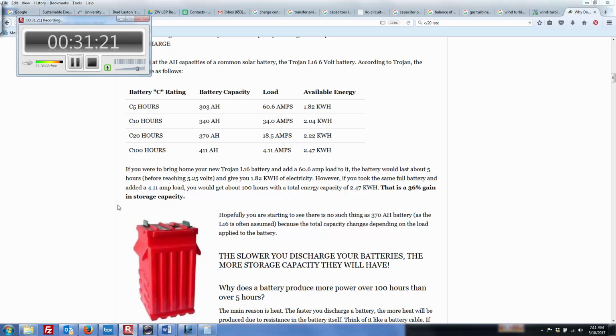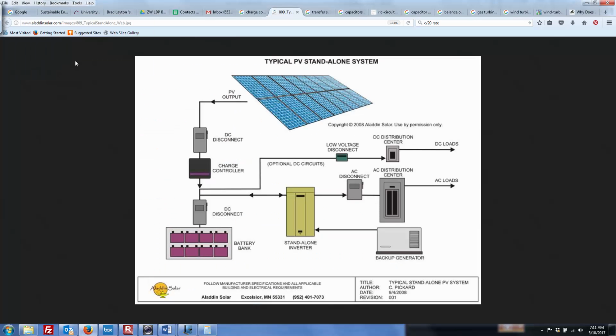Let's go back and take a peek at that. This was that good image we saw before. So if the panel goes down, the batteries go down, this is the backup generator that can run the system as long as you keep putting fuel in it.